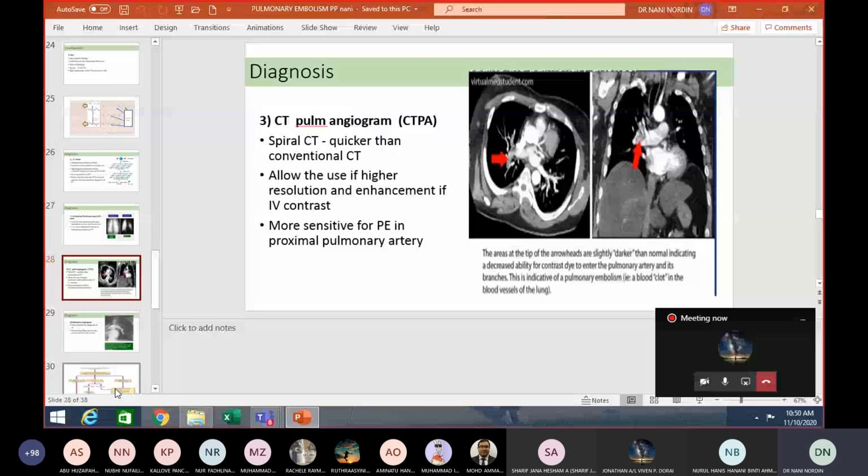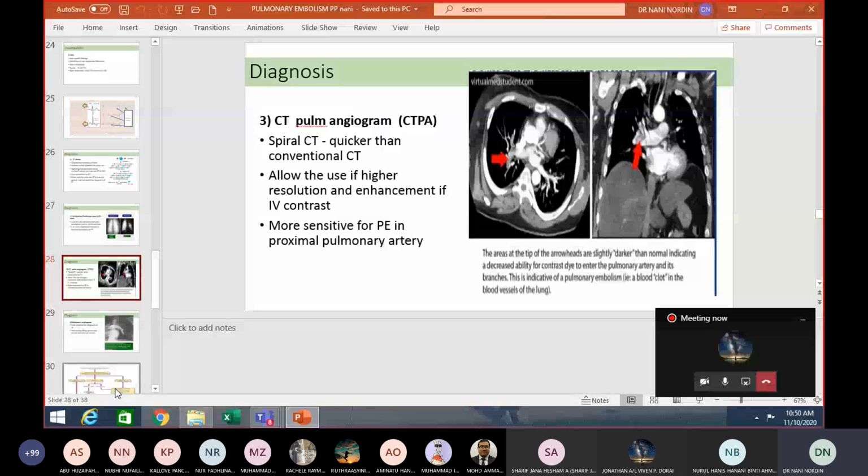It is more sensitive for pulmonary embolism within the proximal pulmonary artery, so you can detect embolism in the central part of the artery better. But if the embolism is at the periphery, you might still miss it.